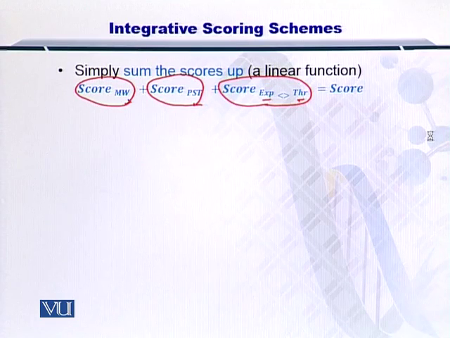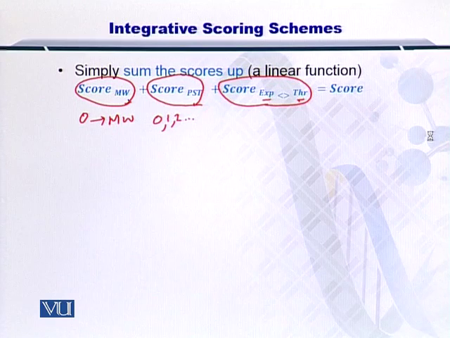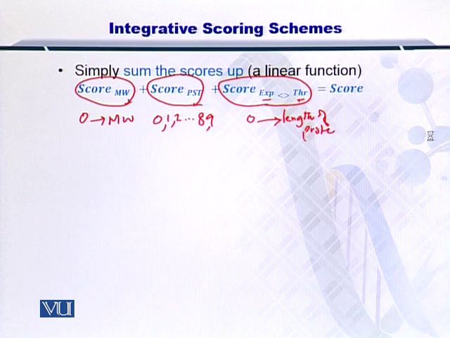This is exactly like that, because the score from the molecular weight may vary between 0 to the molecular weight of the protein, which can be quite large. The score of the PSTs can be 0, 1, 2, and so on, till maybe typically 8 or 9. The score between experimental and theoretical spectra can actually vary between 0 to the length of the protein, or simply the number of amino acids.